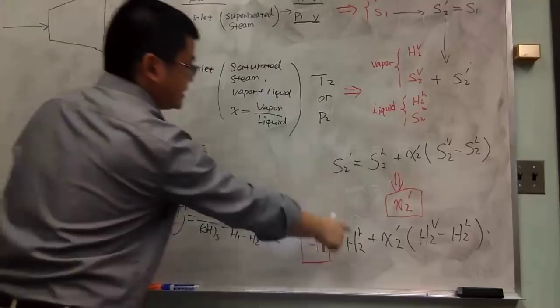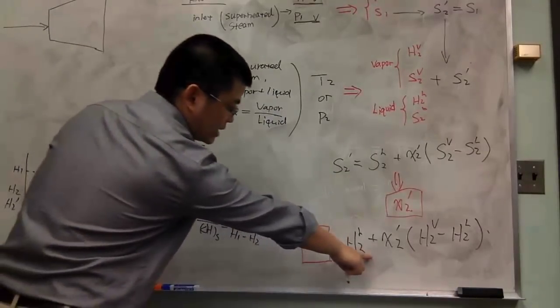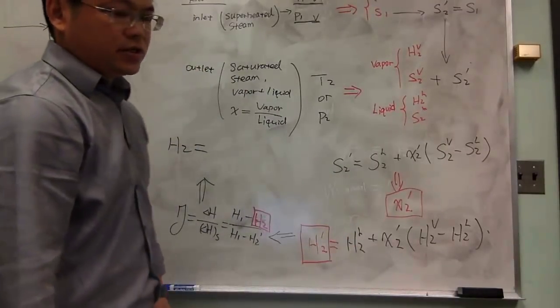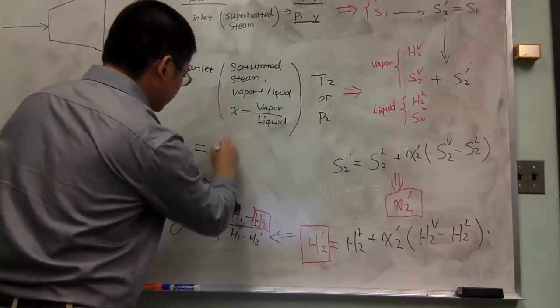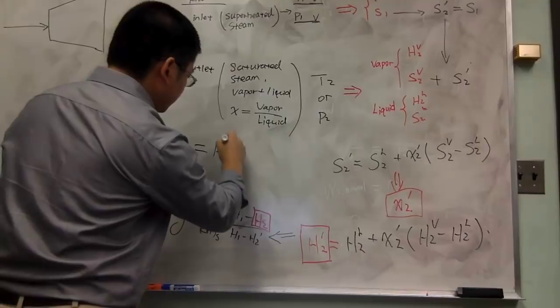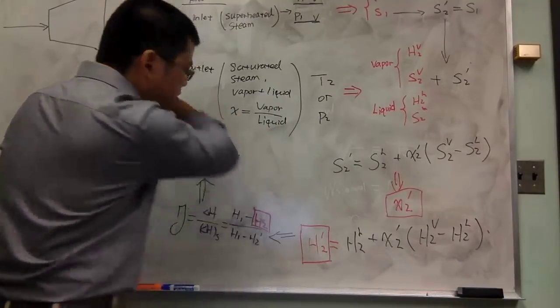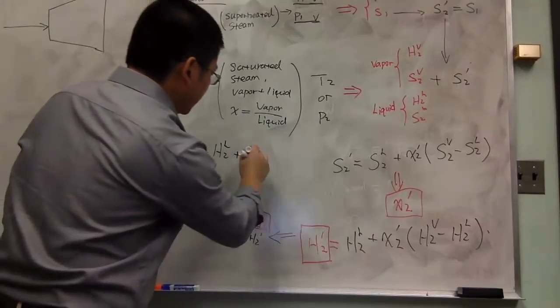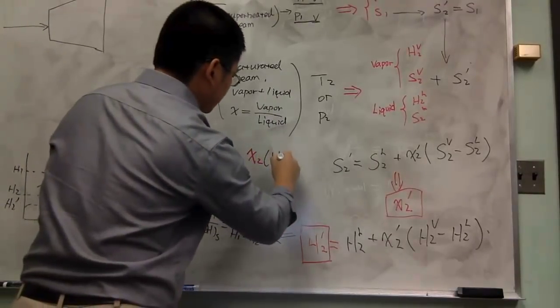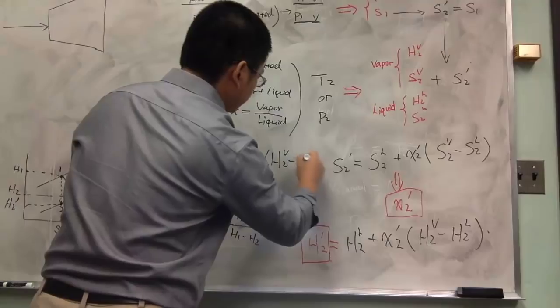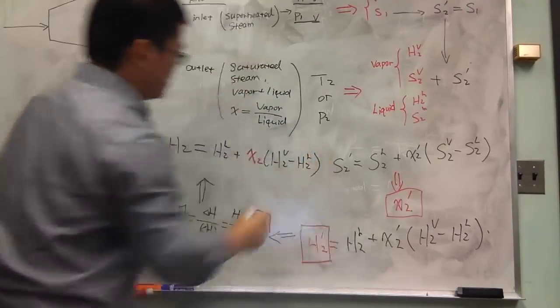I'm going to set up a similar equation like for the isentropic final state. H2 will be H2 of this liquid plus, now I'm going to have this actual X2, times H2 vapor minus H2 liquid.